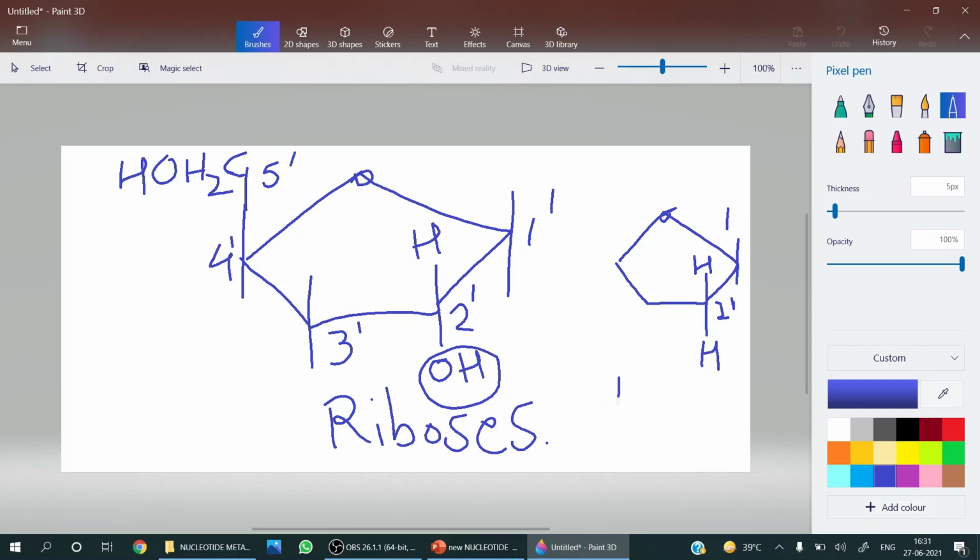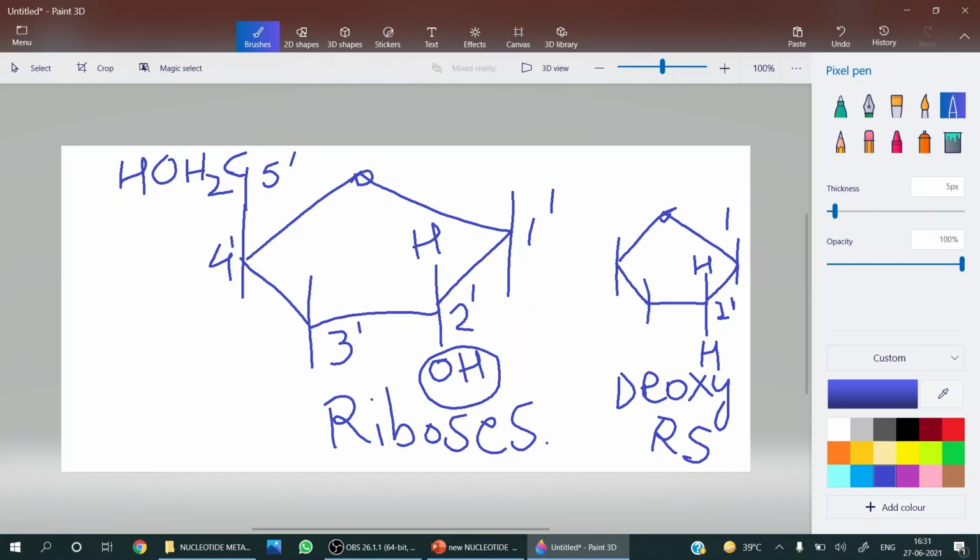So this is deoxyribose sugar. This lacks the hydroxyl group at the 2 prime position.